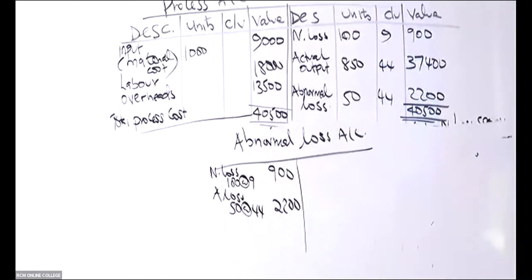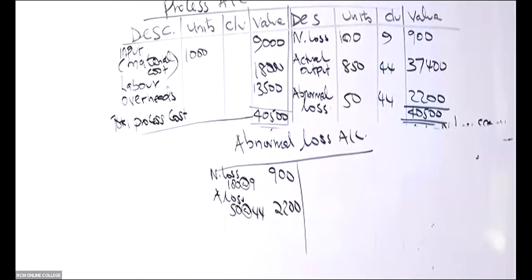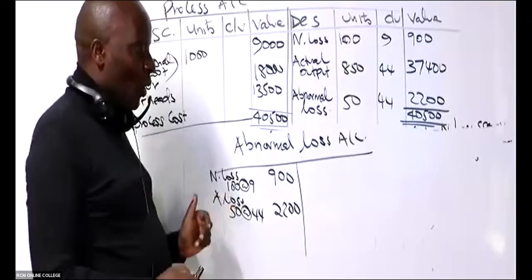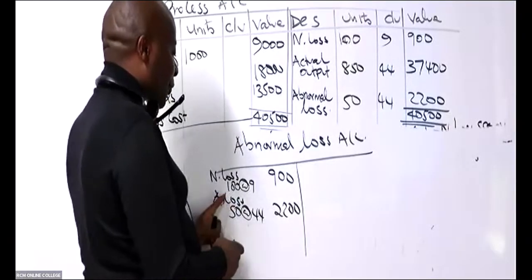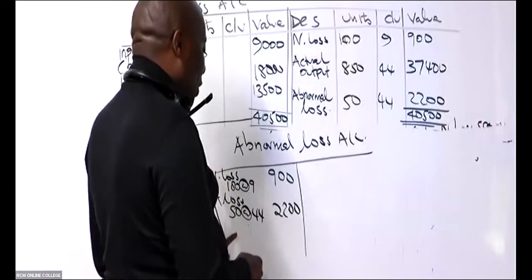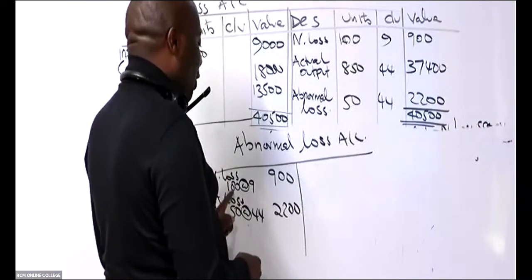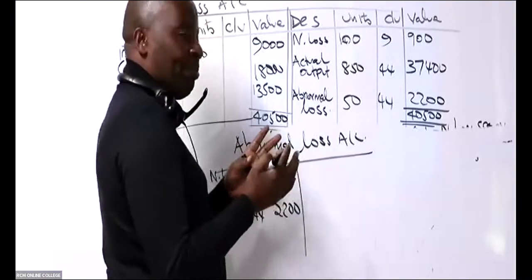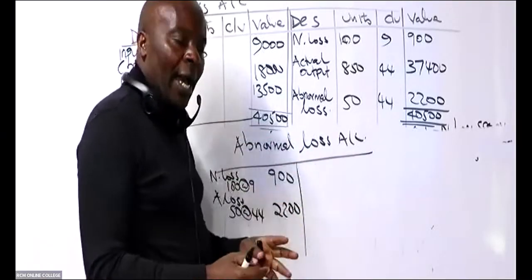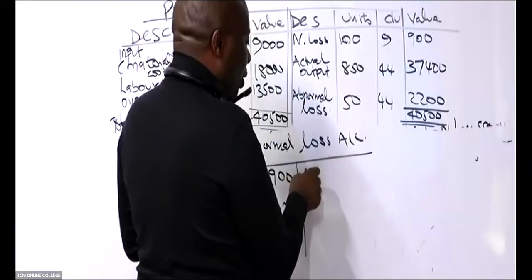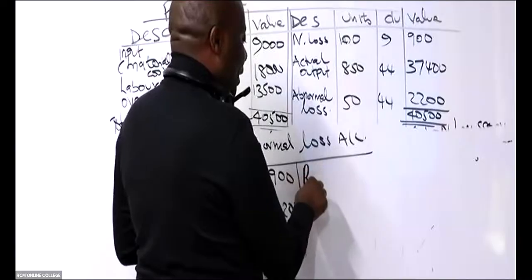Now, ladies and gentlemen, please listen. How many units do we have representing the loss? Total loss will be 150. These total loss units, we shall scrap them. We sell them and we receive money through the bank. So we debit bank account, we credit this account by saying bank.